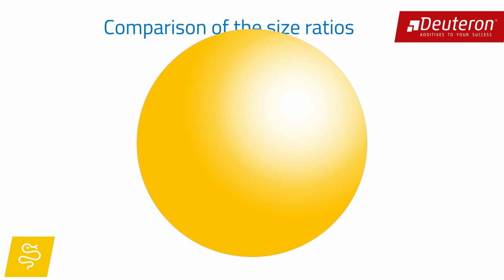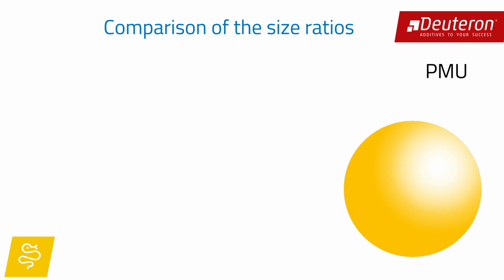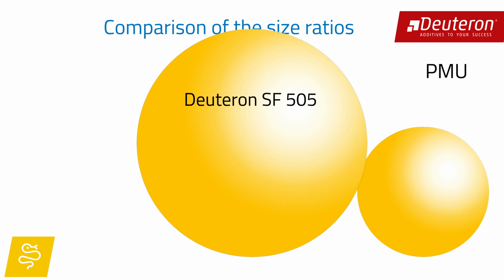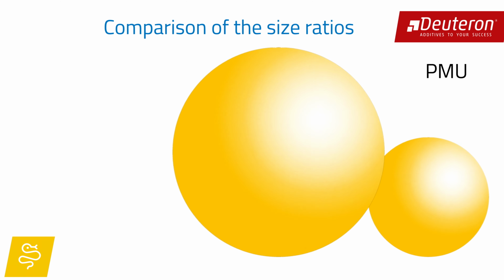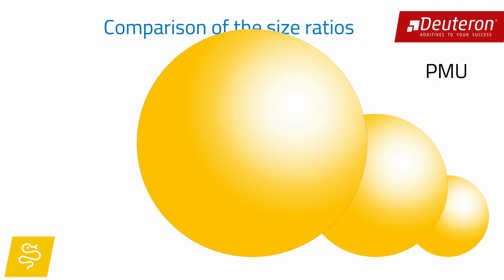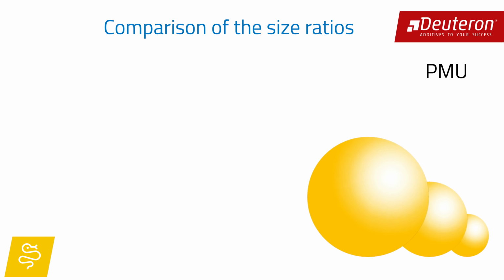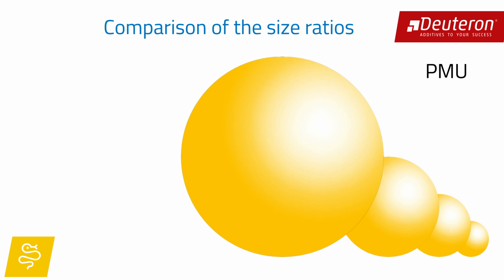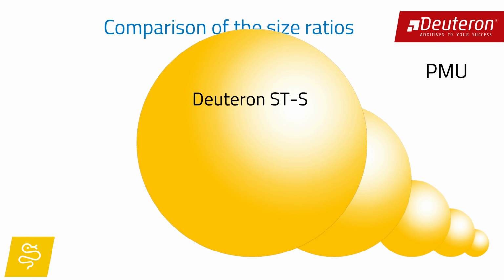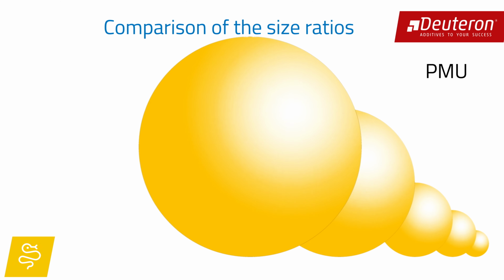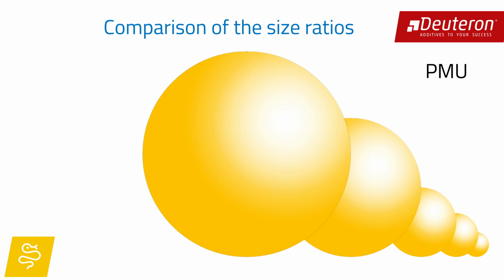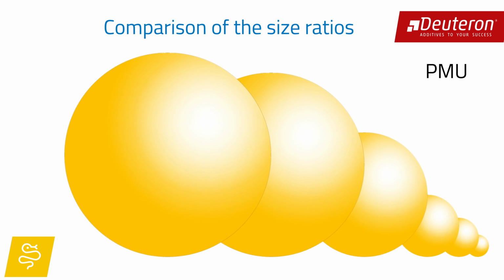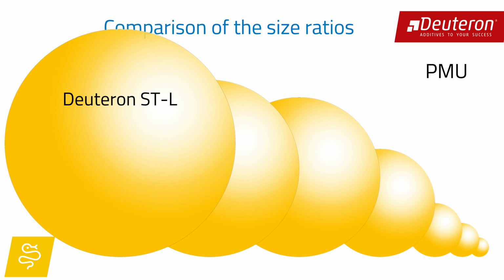The first one is the fine Deuteron SF707. Its coarser colleague SF505 and the first ST, STM, STG, STS, ST, STL.